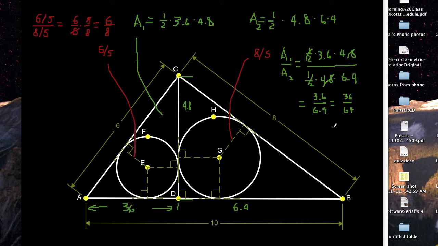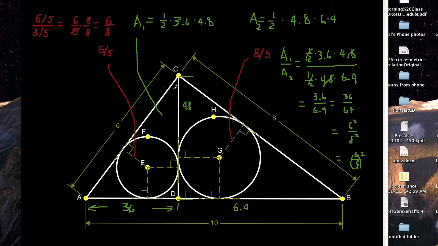And that ratio is the same thing as 6 squared divided by 8 squared, or 6/8 squared. So I say that the areas of any two similar figures are going to go as the square of the similarity ratio.